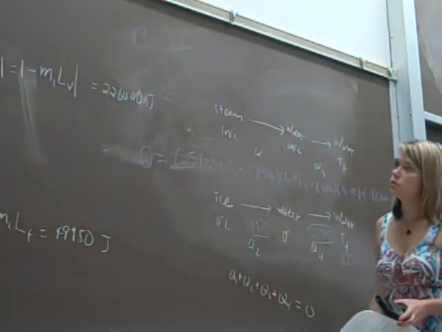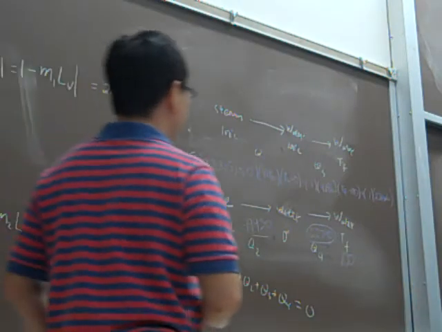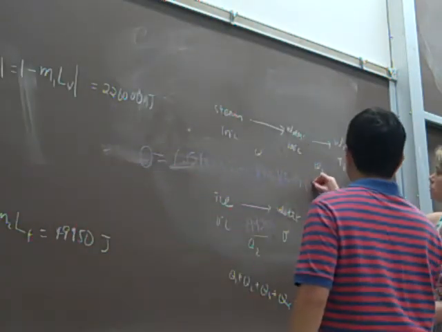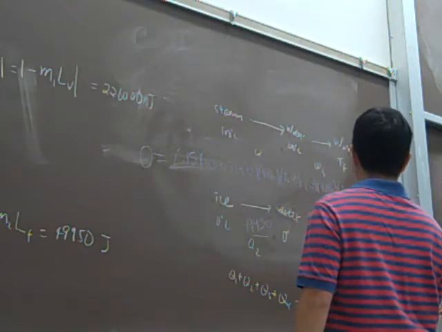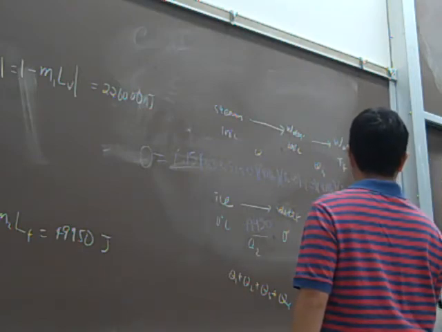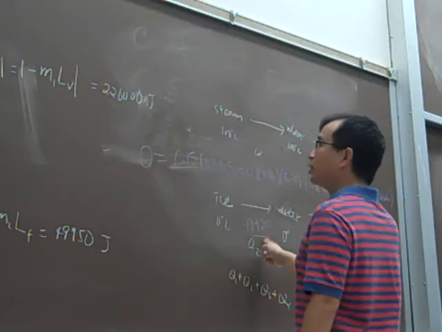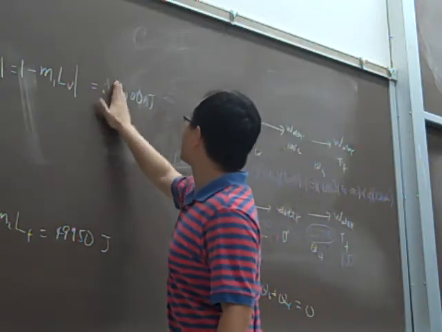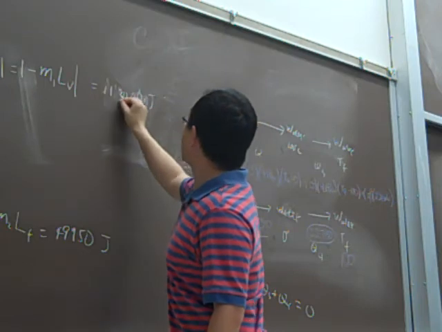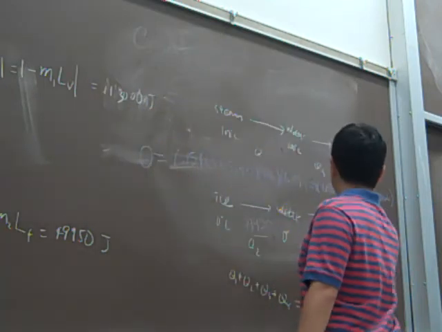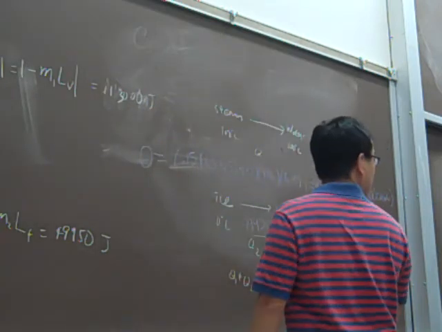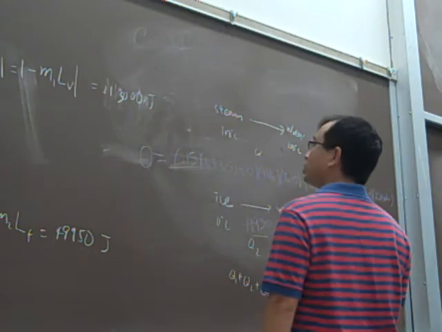Maybe something different, 0.05. Is it good enough? Let's see. If it's 0.05, and you add the two numbers, what do you get?